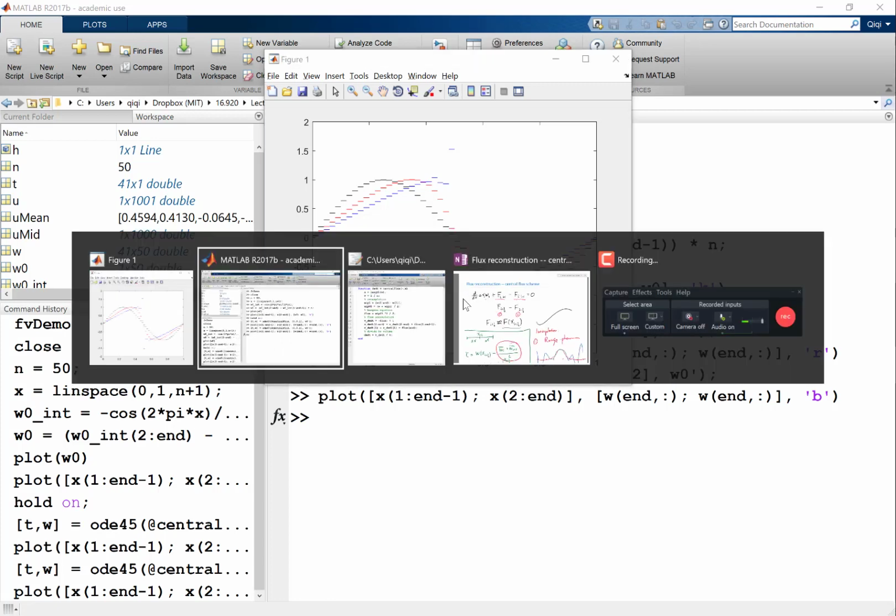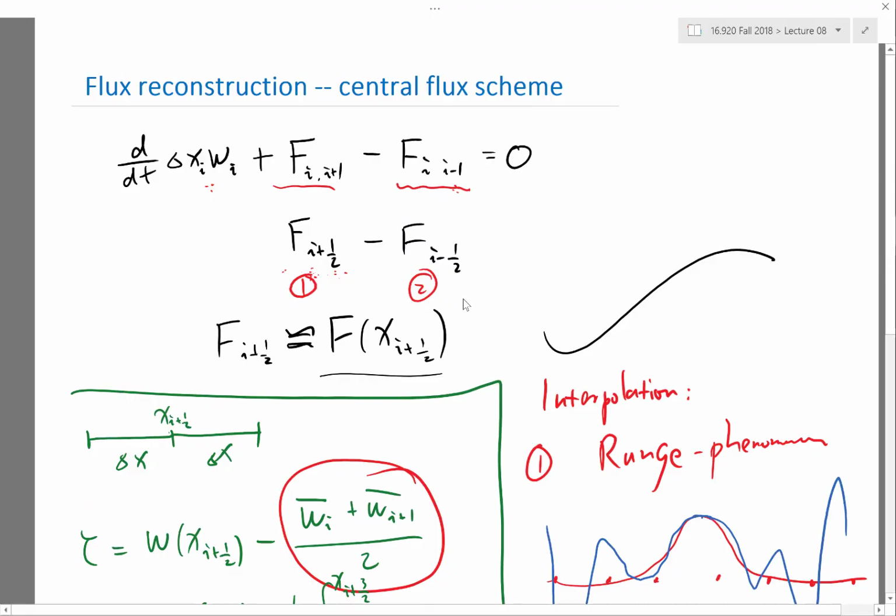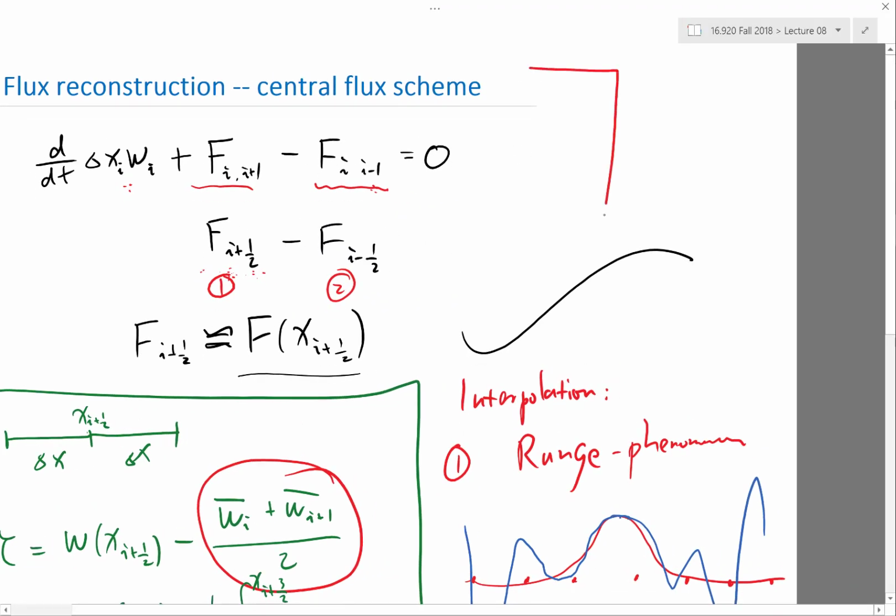Especially if you think of a discontinuity that may not lie exactly on the boundary of two volumes.